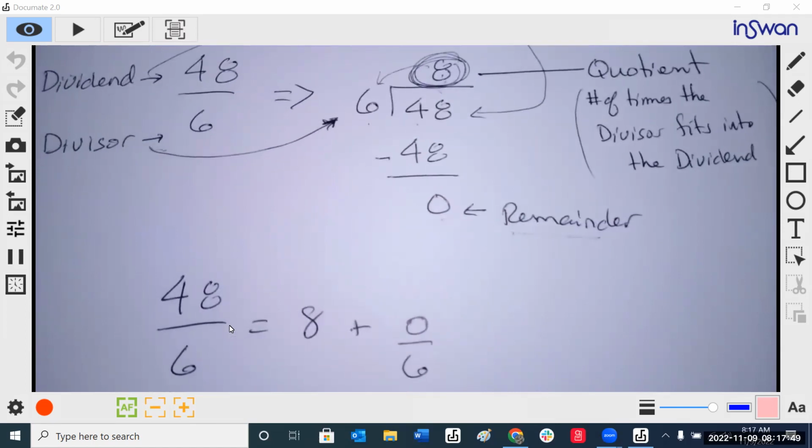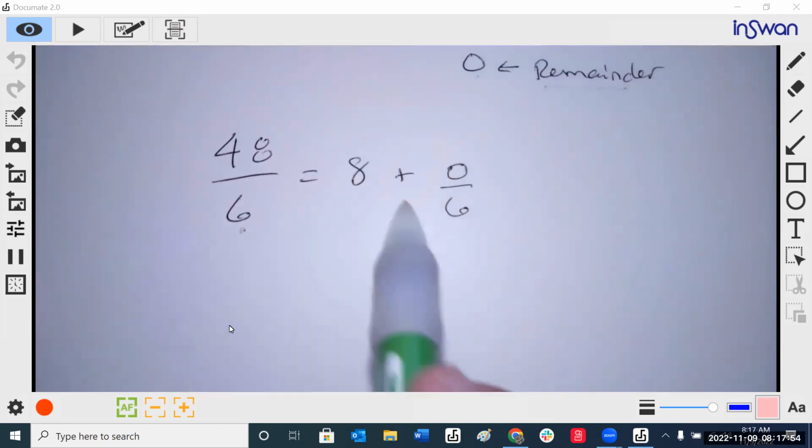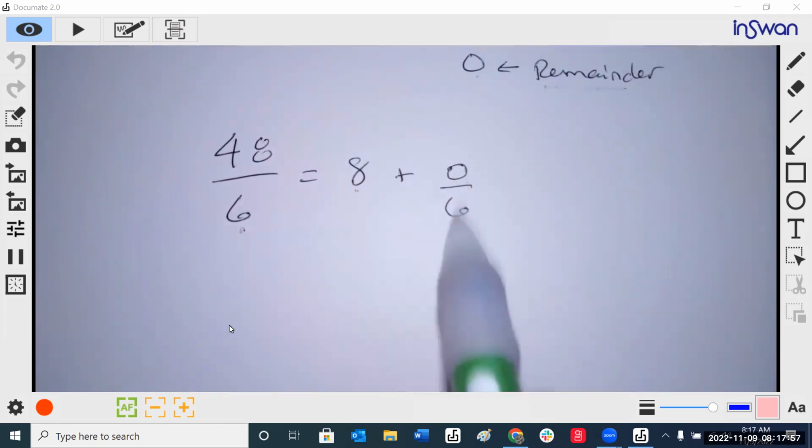So the quotient, you can also call it the answer, because 48 divided by 6 equals 8 with no remainder.